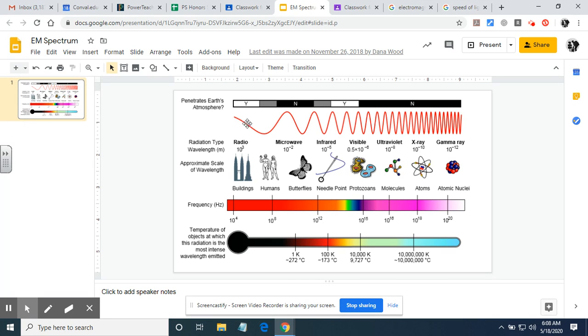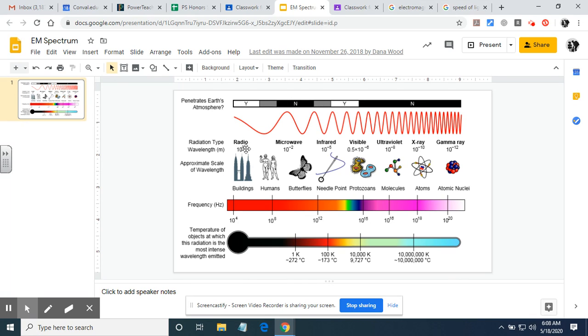Radio waves, because they're so long, would only have 10 to the fourth waves going past you or into you every second. So low energy on the left side of the spectrum, high energy on the right side. It's because the wavelength gets shorter and shorter, and the frequency gets higher and higher.